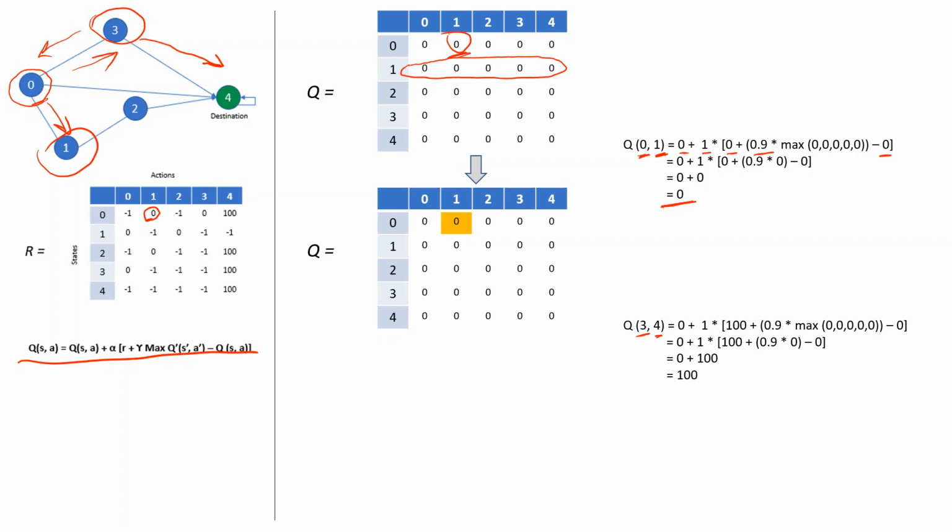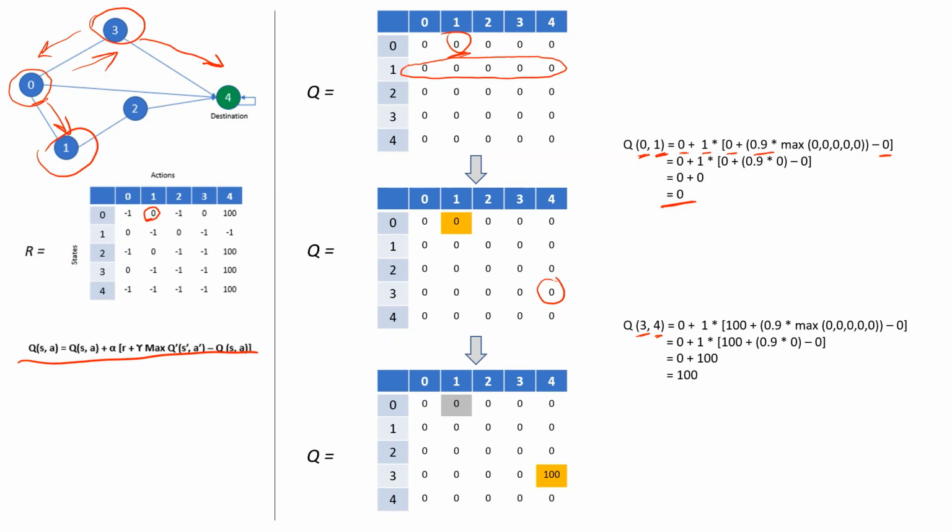Then we need to calculate the Q value for 3, 4. So 3, 4 means this value. All those values again. And the final calculation comes up as 100. So our Q matrix will look like this.